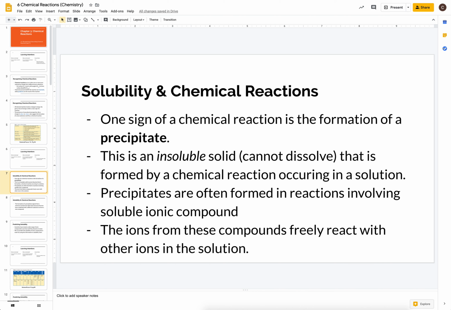But if you pair the correct two ions together, water can't. The connection between them is too strong. So ions from one ionic compound will be able to react with ions from another ionic compound, also dissolved in the solution, in order to form these insoluble crystals.